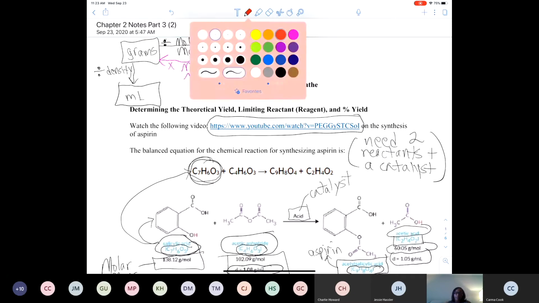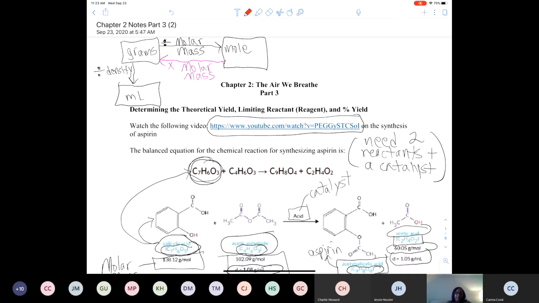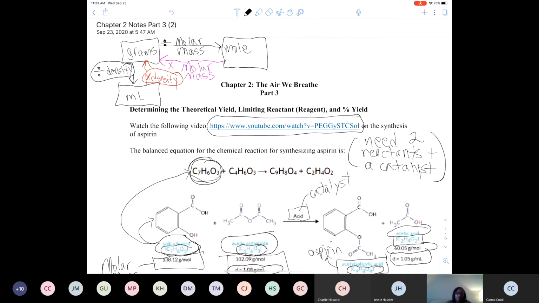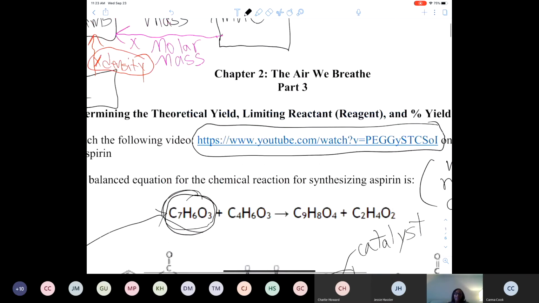And then again, you can go in the opposite direction. You can take volume and convert it to grams, which is mass, by multiplying by density. So we can use density and molar mass as conversion factors.